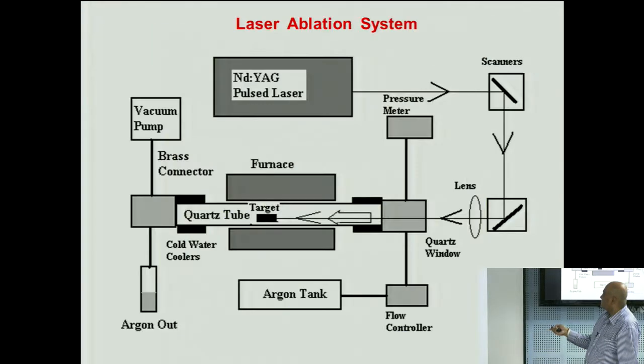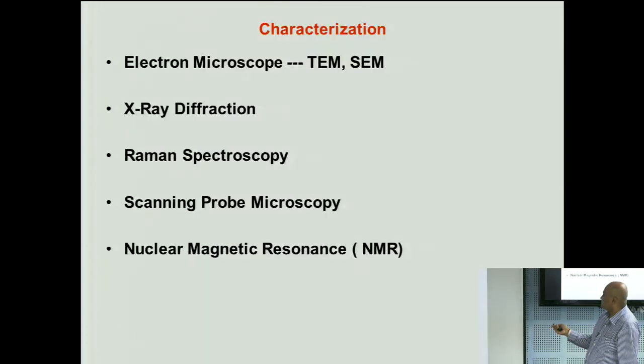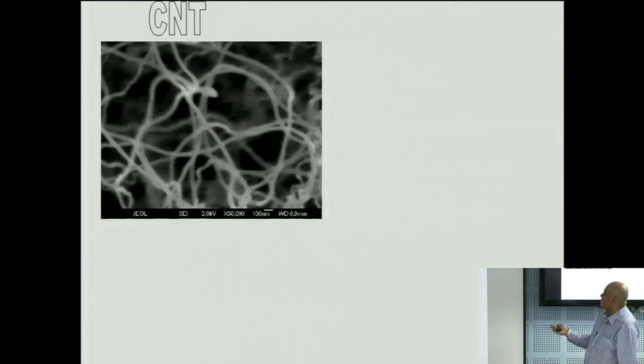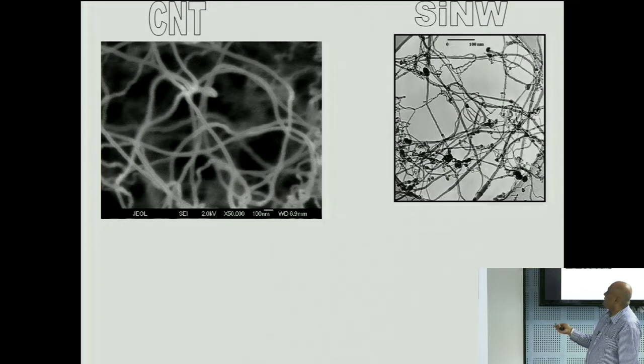These are the systems in which we made the carbon nanotubes. So, we compare the carbon nanotube and the silicon nanowire. If you look at the electron microscopy image at the same scale, they look exactly identical.